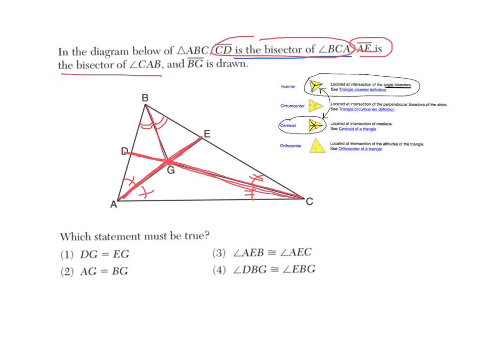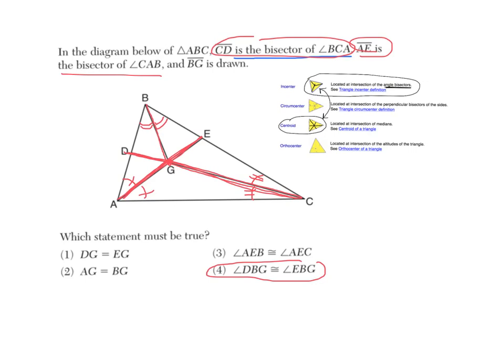So that is what they're reaching for on this one, is that choice 4 happens to be true. The 3 angle bisectors of a triangle will always intersect at the same point. So that is the correct choice.